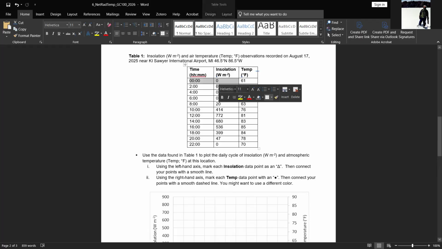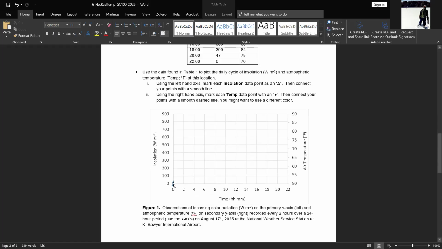And so that would be your first point for insolation. In fact, you would have 0 insolation from 0 to 4 a.m. and 6 a.m. So you would have a series of little triangles here, and you put them on each of them: here's 2 a.m., you put another one, then here's 4 a.m., put another one, and 6 a.m., finally, yet another one.